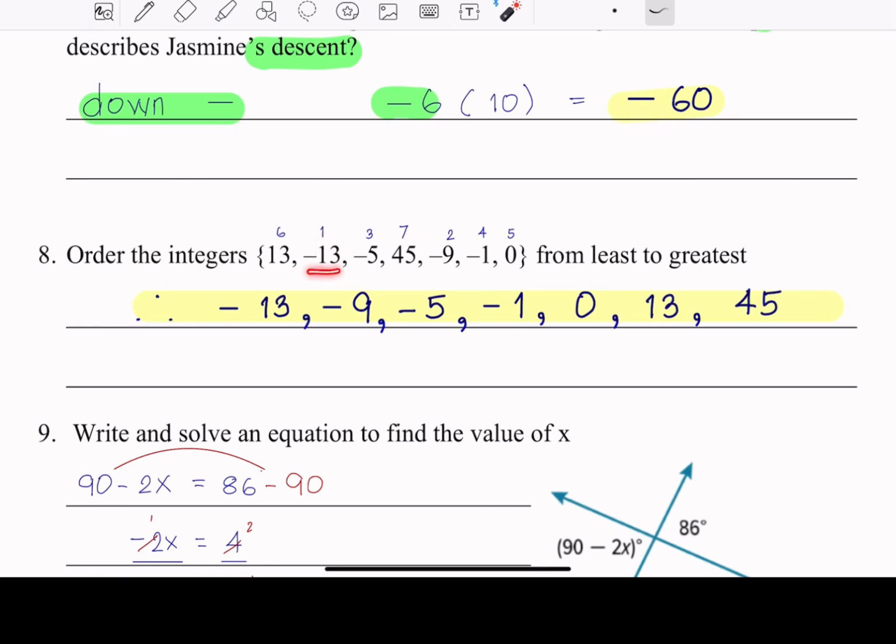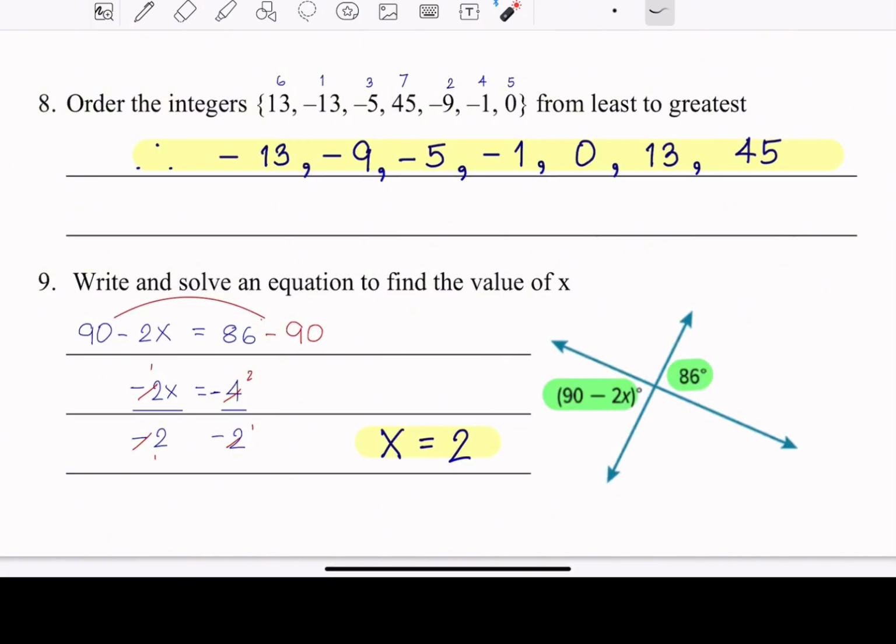Next to negative 13 is negative 9, then negative 5, then negative 1, then 0, then 13. And lastly, we have 45. So just order them from least to greatest.